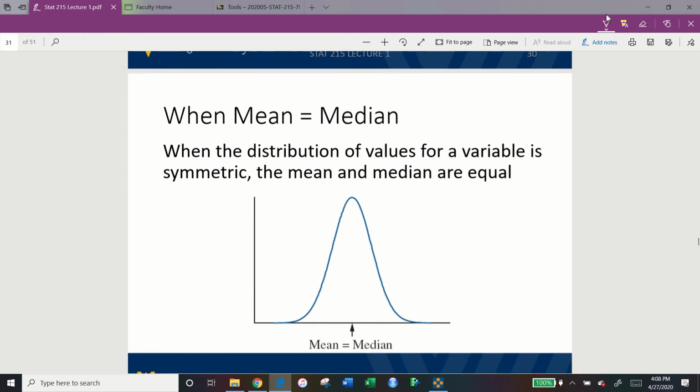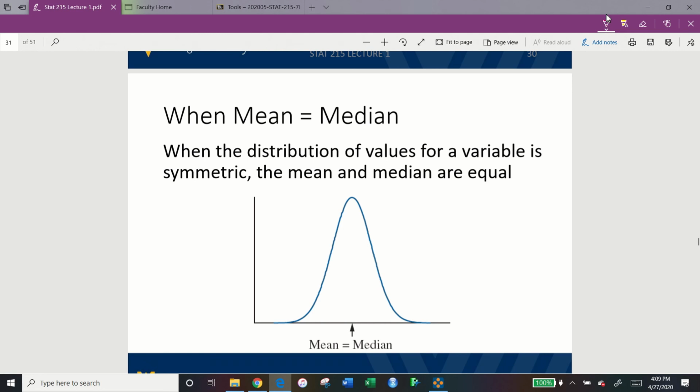Now that we've reviewed mean and median, and we've also talked about box plots and histograms, we now need to bring it back and put it all together. When our distribution of values for a variable is symmetric, that means our mean and our median are going to be approximately equal. I'm going to say that again so it can really sink in.